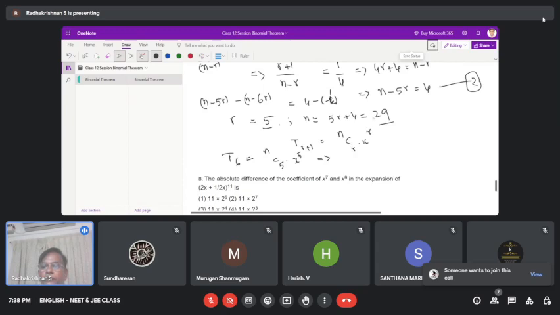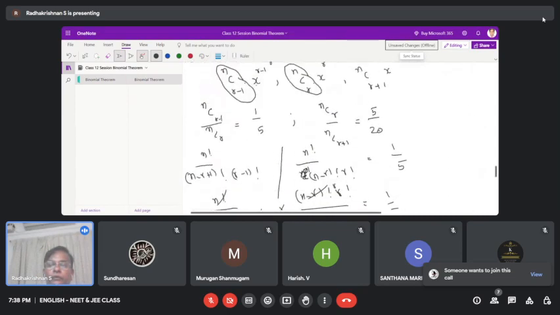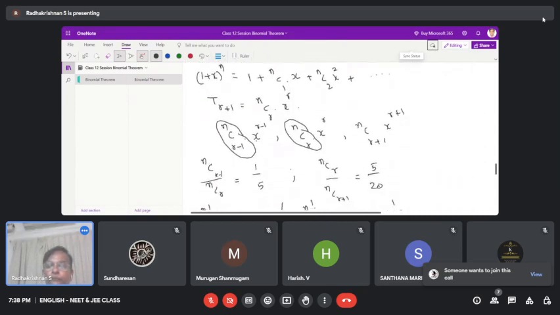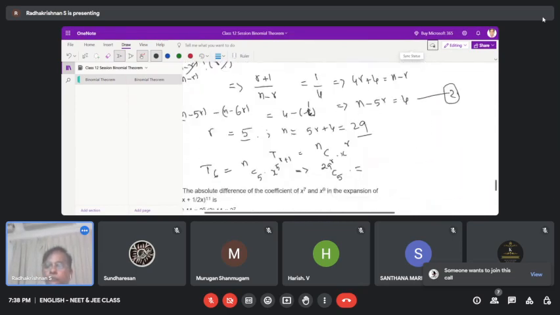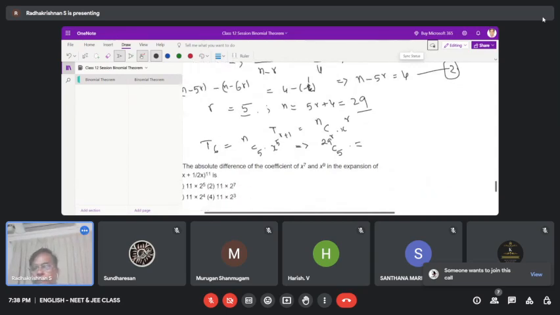Since n is given as 29, we need 29C5. The coefficient of T6 is nC5, so 29C5. We have to calculate this 29C5 now. Various values are given, so let's calculate 29C5.